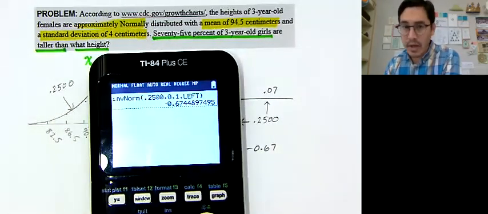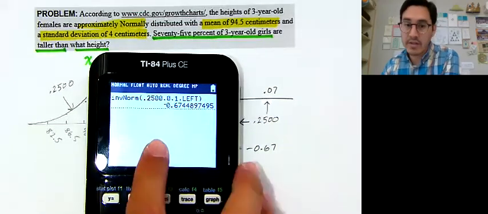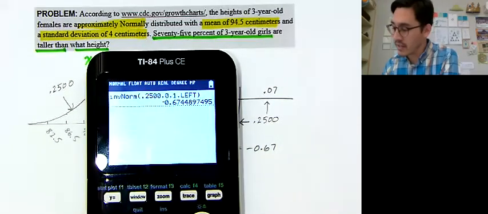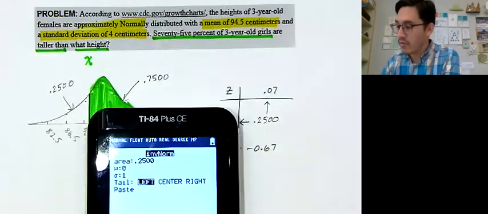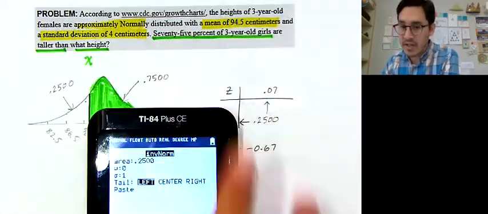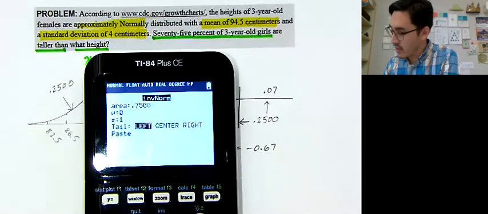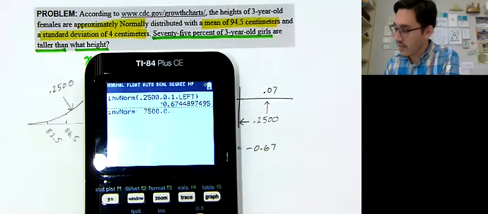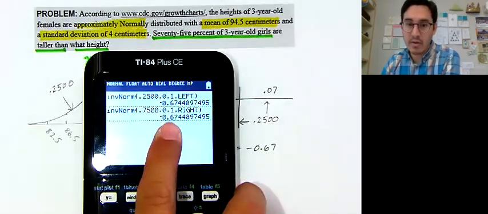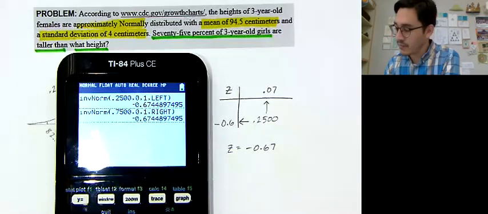But the advantage here is that we could have just based it off the right tail. I don't know if you saw that we could have just taken the given percentage, 75%, and then just specified that that was in the right tail. And you would get the same z-score, negative 0.67.